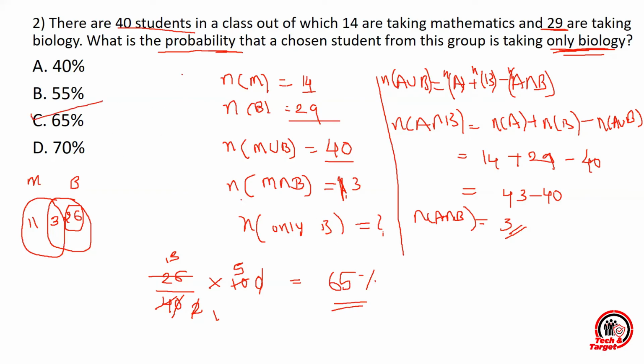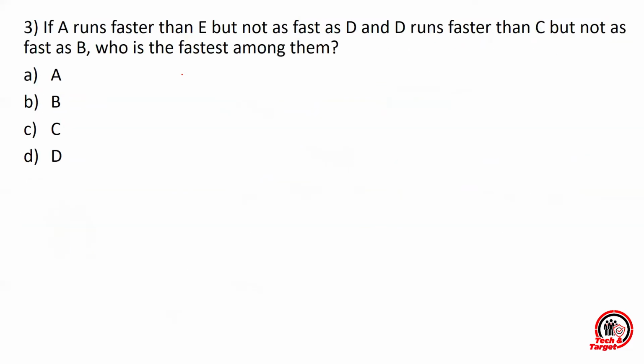Now we'll move to the next question. This is a kind of logical reasoning question. They say that A runs faster than E but not as fast as G, and D runs faster than C but not as fast as B. Who is the fastest among them?